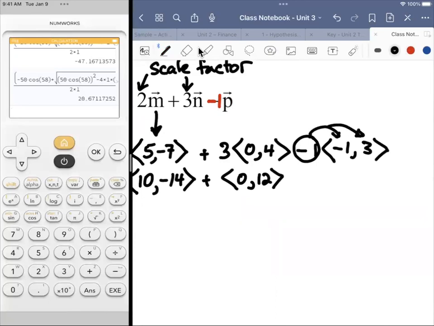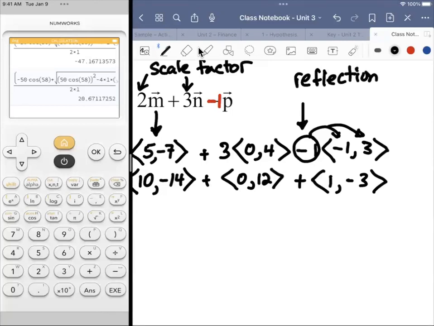All right, so that's going to become a +1, -3. I've used the negative, so it reverts back to positive. So this -1 leads to a reflection through the origin.